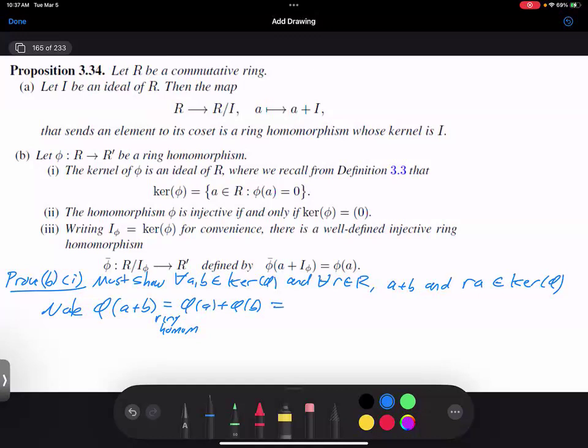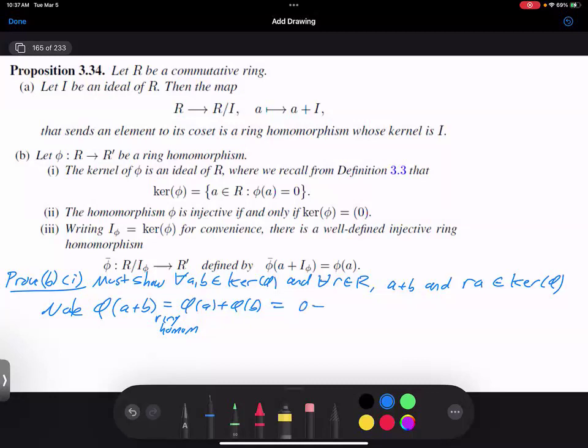But what does phi of A equal? A and B are in the kernel of phi. So what does phi of A have to equal? Has to be 0. Yeah, the kernel of phi is the set of all elements sent to 0.